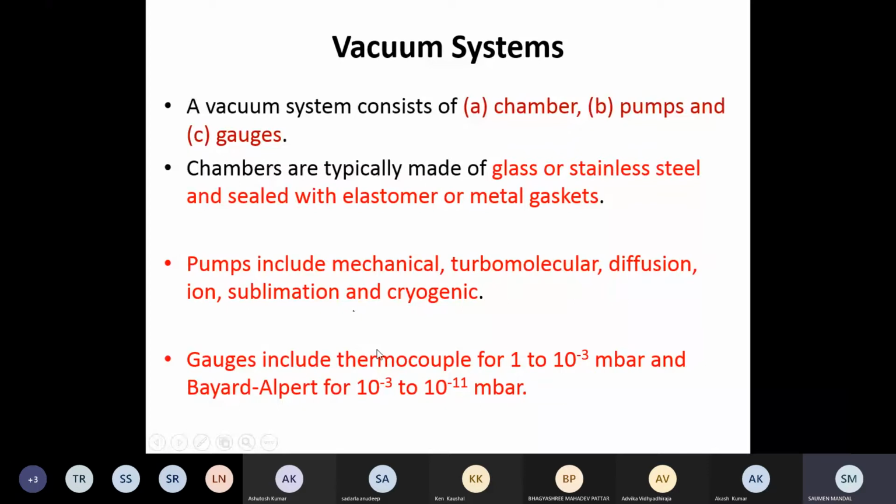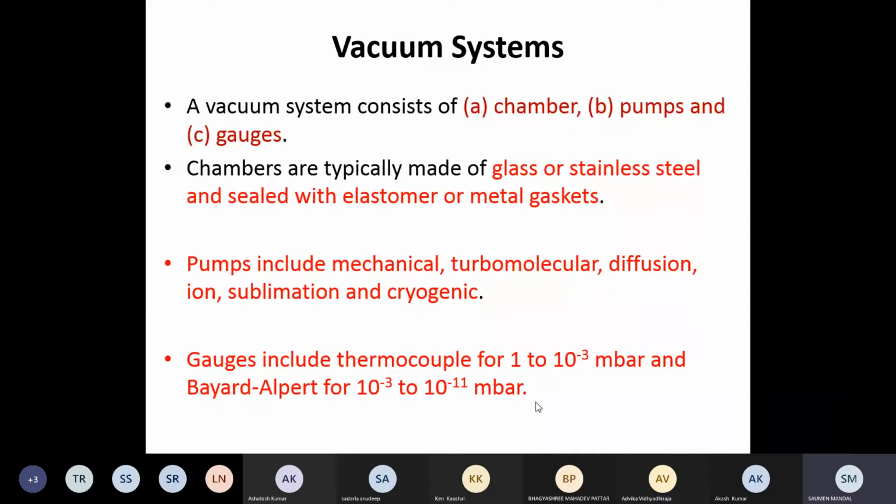And gauges include the thermocouple gauge for 1 to 10 to the minus 3 millibar, and the Bayard-Alpert gauge, called the BA gauge, for 10 to the minus 3 to 10 to the minus 11 millibar. So that means you need two different pumps for physical vapor deposition.